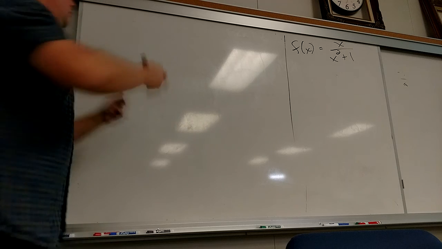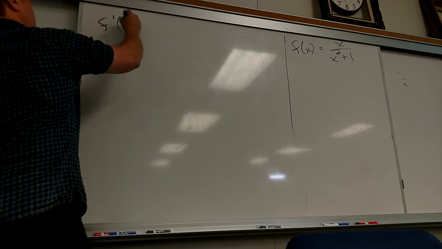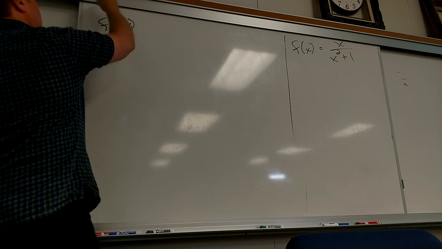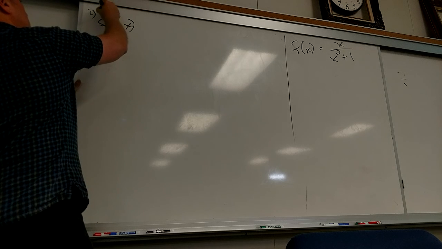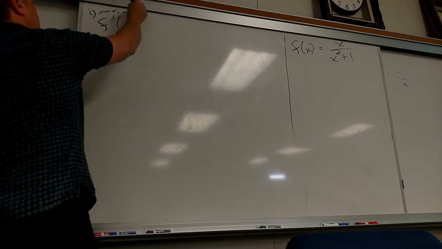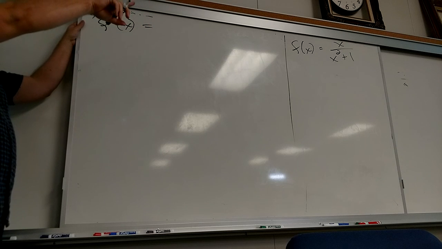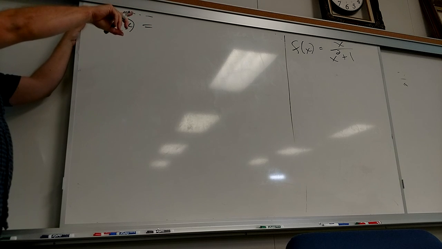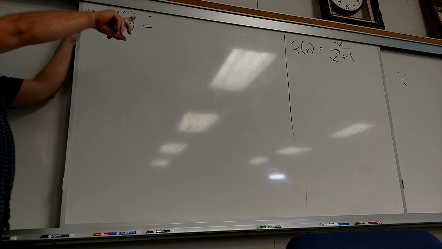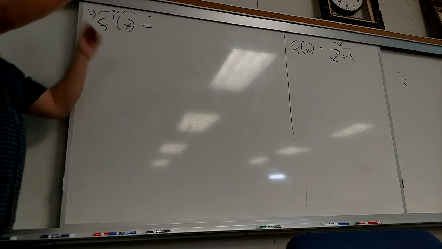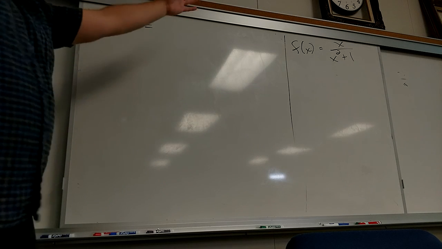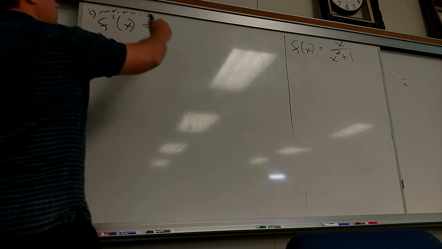So, if I want to find the max and mins and the increasing, decreasing stuff, I take the derivative. How do I take the derivative of this function? Go to quotient or product. You can go quotient or product. Let's go ahead and do quotient rule, just because.